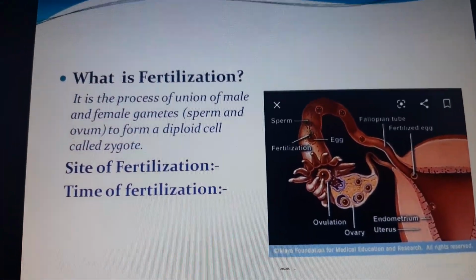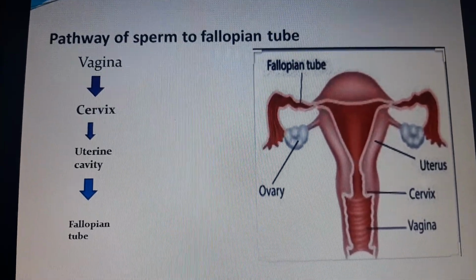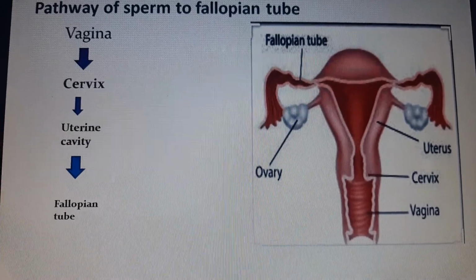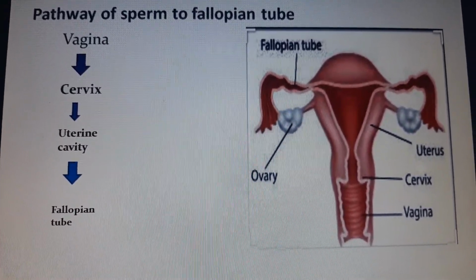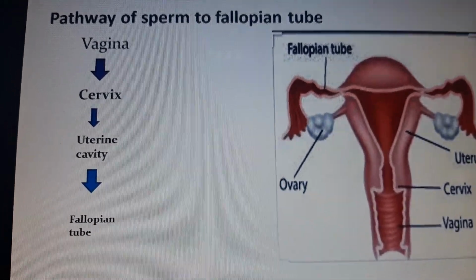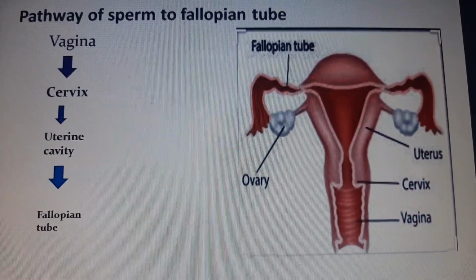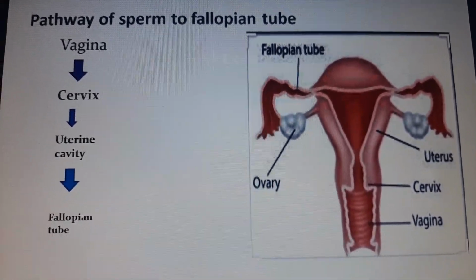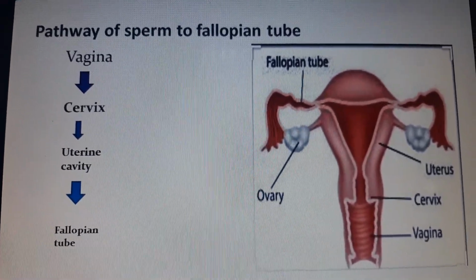Then the next topic: pathway of sperm to the fallopian tube. After copulation, when the sperm is ejaculated, it first reaches the vagina, then the cervix, as you can see in the picture, then through the uterine cavity it reaches the fallopian tube.